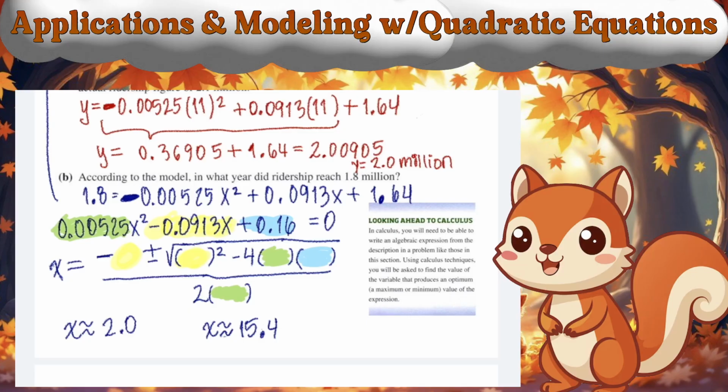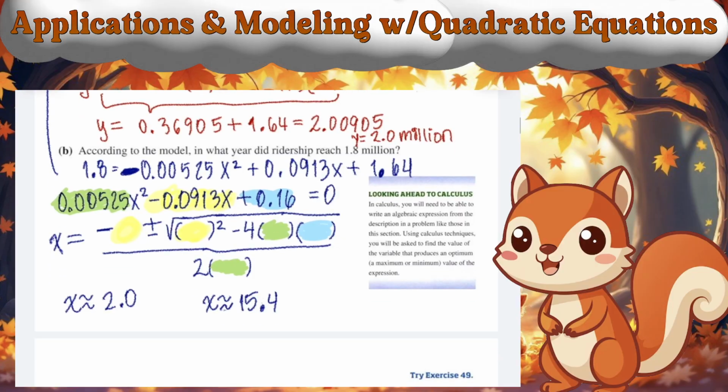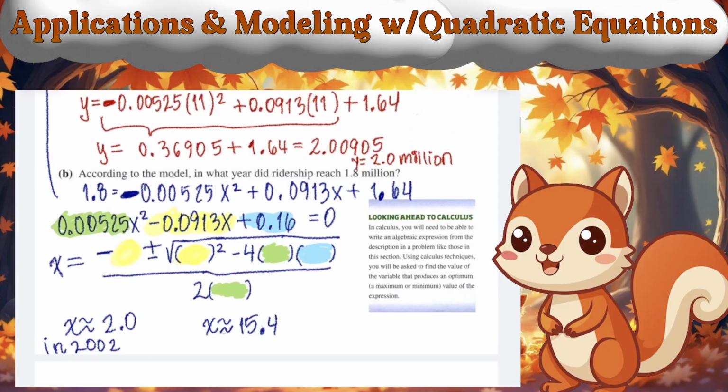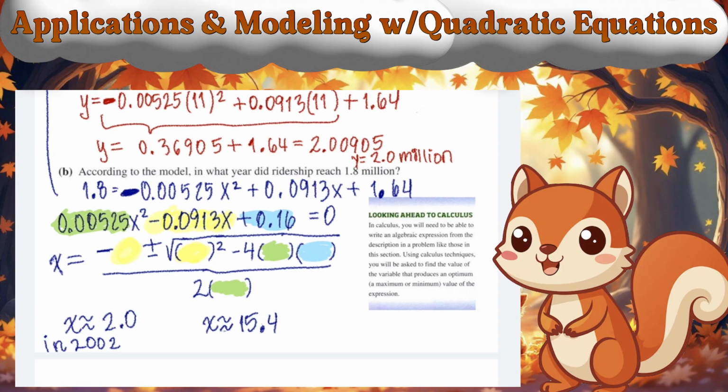So that means 2.0 is going to represent the year 2002. So in 2002 is one of them, and that's early 2002, I would guess. And also in 2015, right? A little less than halfway through 2015.